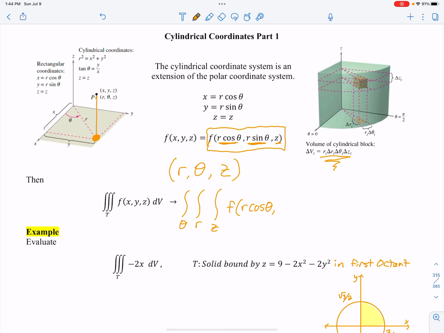So change x to that, change y to that, and then leave z as z. And then we're going to do times r, that's that polar thing, it's still here, dz dr d theta. So all it is, is adding that z dynamic. It's just like polar, it's just we're going to have a z now at that very end, and that will be our surface.